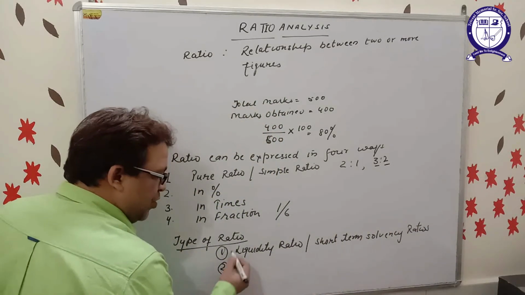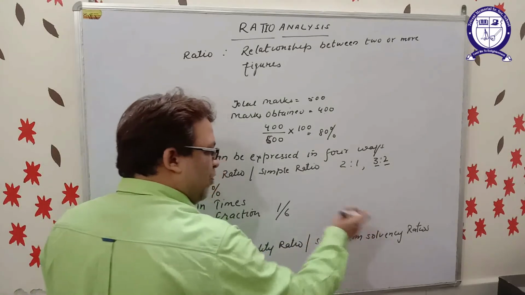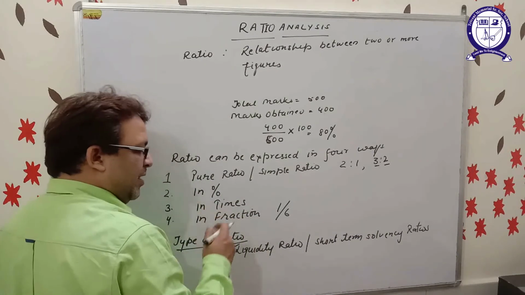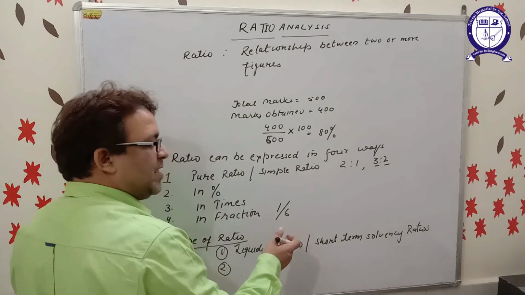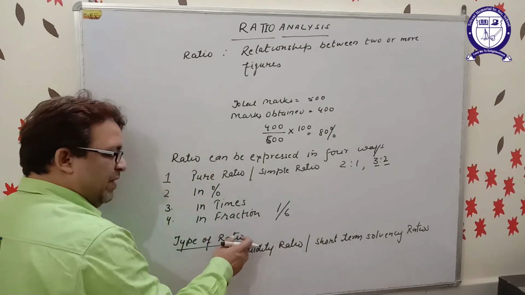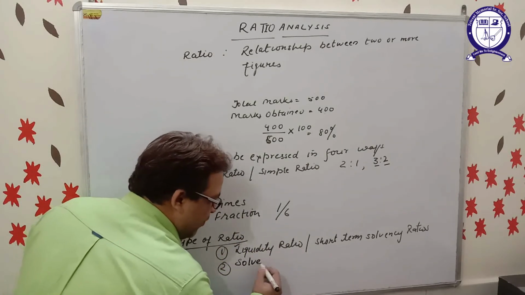These ratios are used to check the short-term solvency position of the business. When we want to check whether our company is able to meet its current liabilities or not, then we use liquidity ratios.